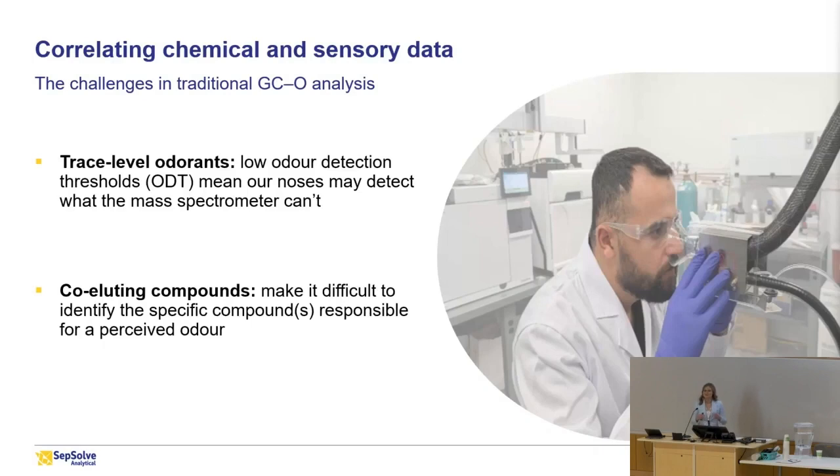Potentially the mass spec might not be picking up the things that an analyst with an ODP is. The other thing is the co-eluting compounds. If we think that we're perceiving an odor, we might not know that it might actually be multiple analytes that we're perceiving at the same time.